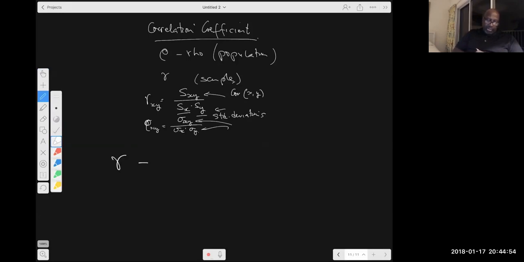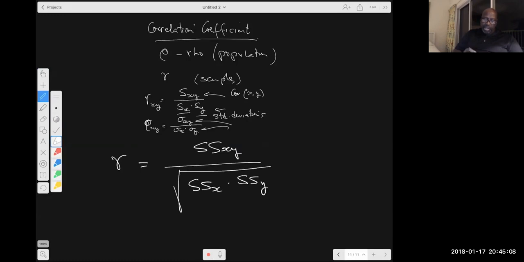R, or rho, is SSXY that I showed you early on, divided by the square root of SSX times SSY. I'm not talking about SX, which is the standard deviation. I'm talking about the sum of squares X, sum of squares Y.